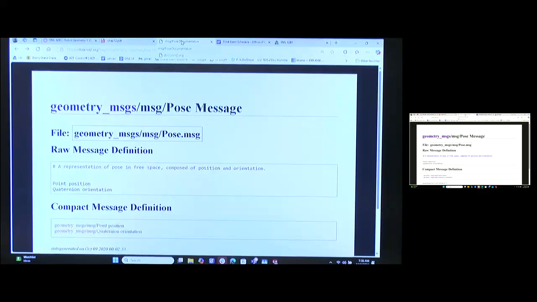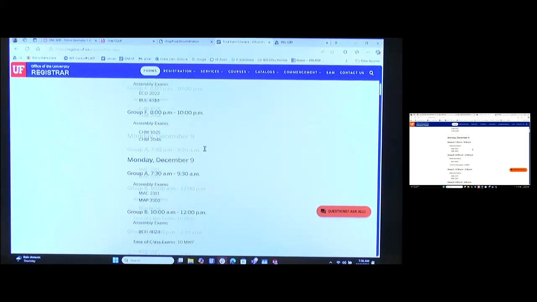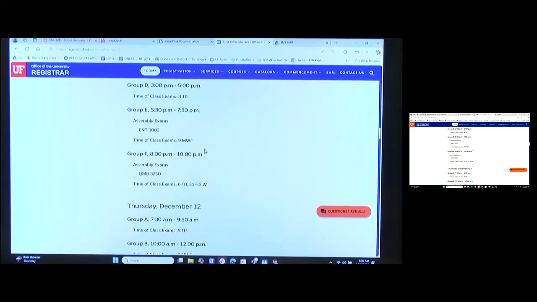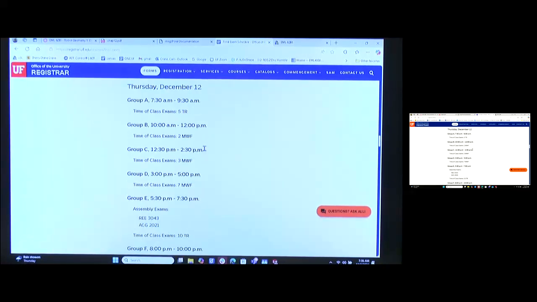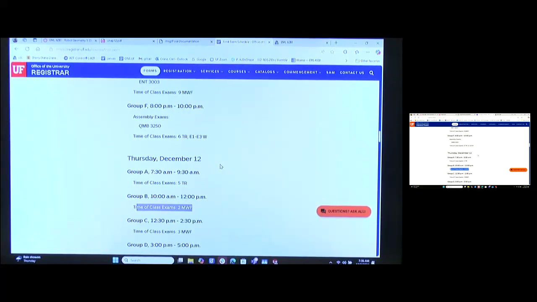Okay. Hey, while I'm here, I just noticed I had this up. I was supposed to do this during the administrative part, but when is our test? I hadn't looked it up till today. If you go to final exams UF and look for the fall schedule and come down to second period Monday, Wednesday, Friday, it turns out to be 10 a.m. to 12 noon on Thursday the 12th.